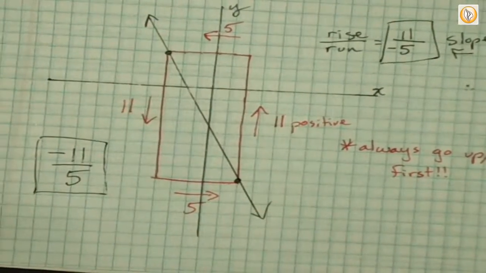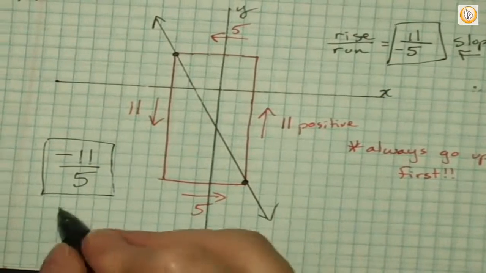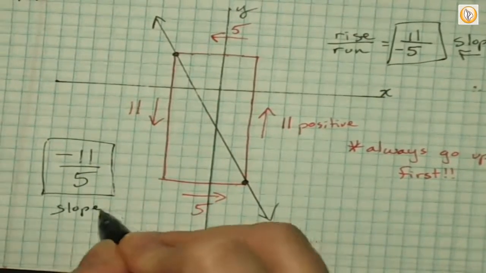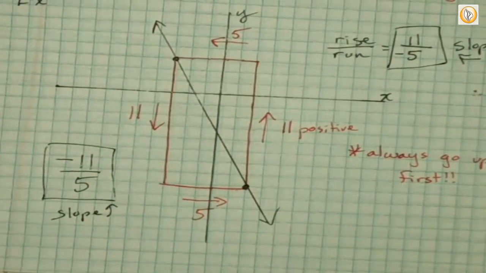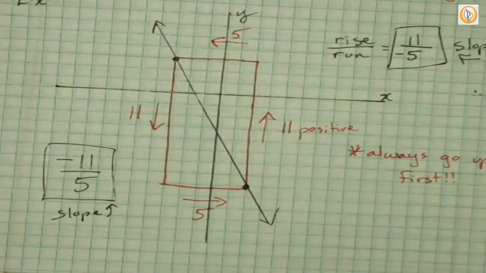Very good. Now I want you to look at those. Both of those give you the same slope. It's either negative 11 over positive 5 or positive 11 over negative 5. It's the same slope. Same exact thing. The negative just follows a different number.